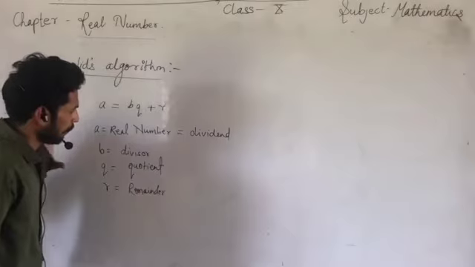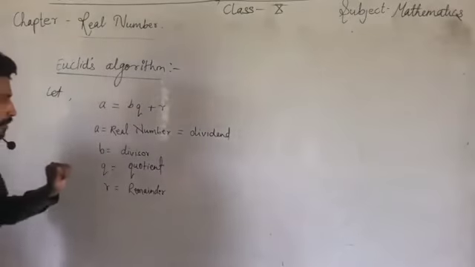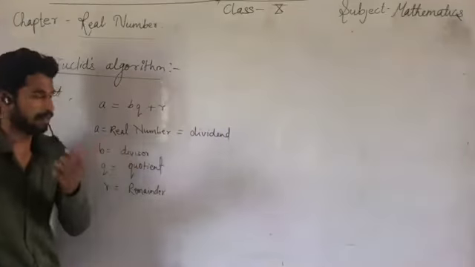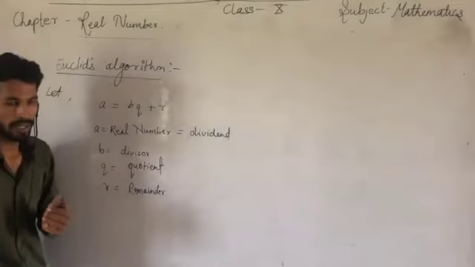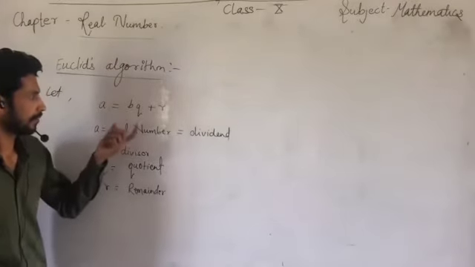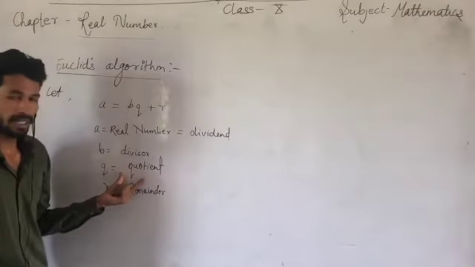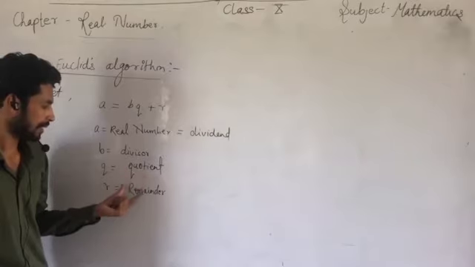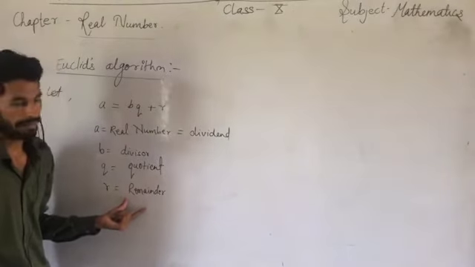Why do we study Euclid's algorithm? Because suppose that we have a real number and by dividing by a particular number we can find a quotient. Not in every case, but in some cases the remainder can be found out.